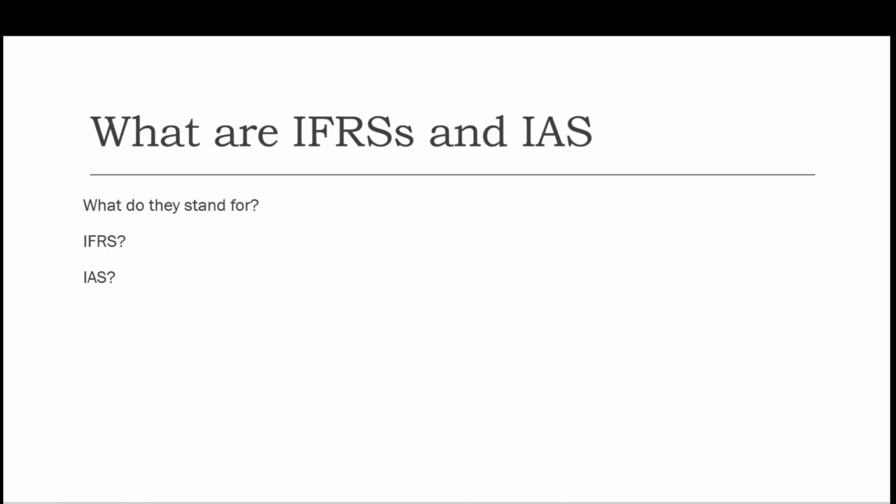So what happens is that there are standards, or books, that tell us for every element on the balance sheet or on the income statement or in the statement of changes in equity, how that element of the financial statement should be accounted for.